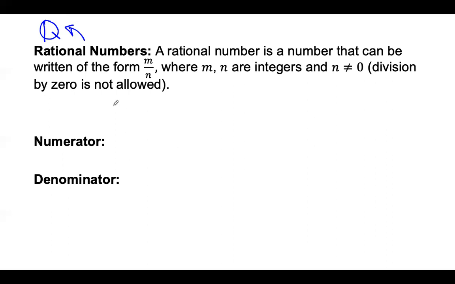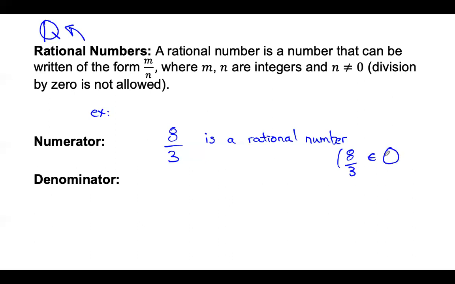And there are examples, right? So examples. 8 over 3 is a rational number. As you see, 8 over 3 is an element of the rational numbers.